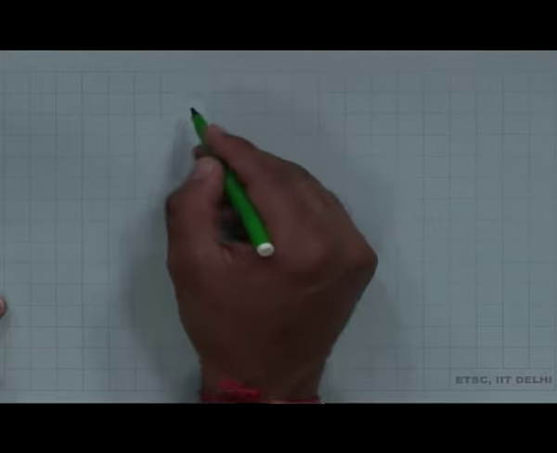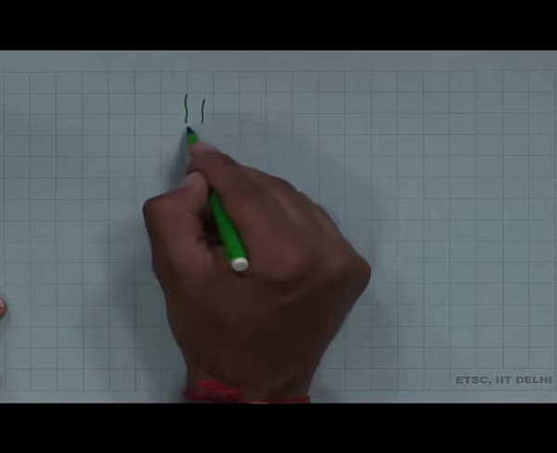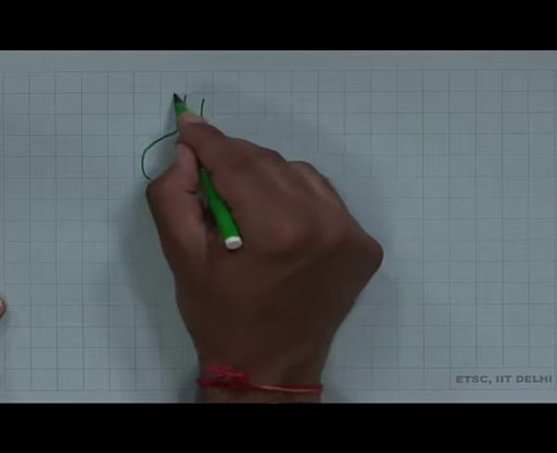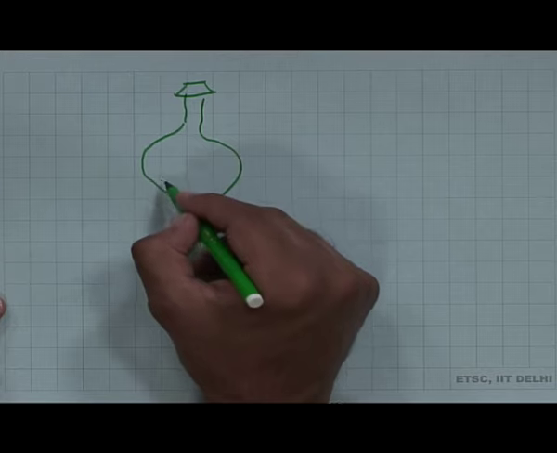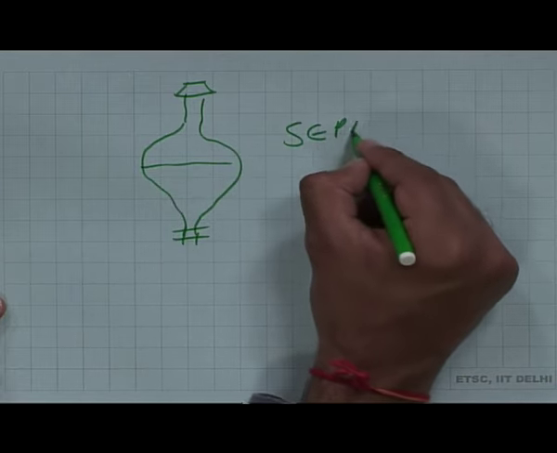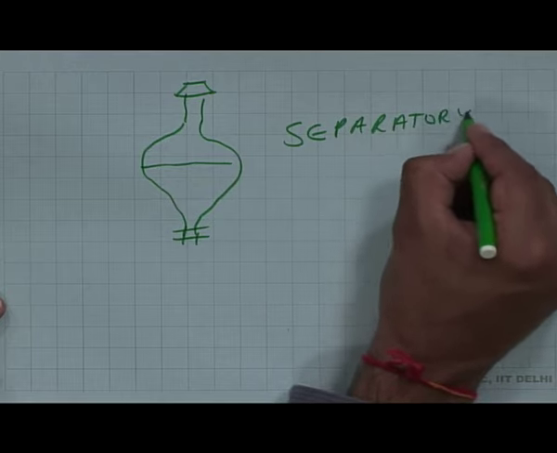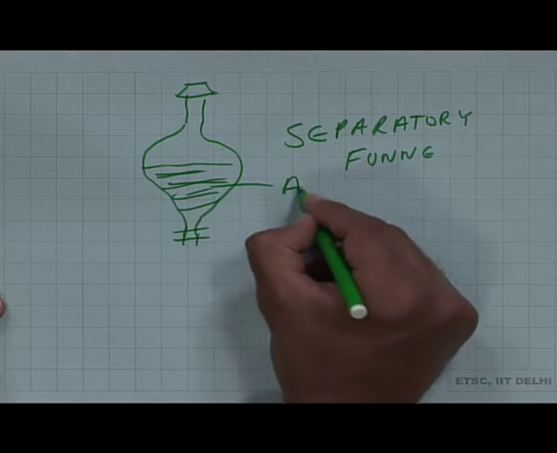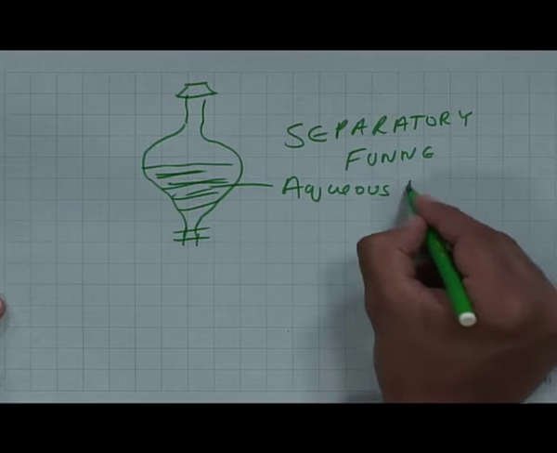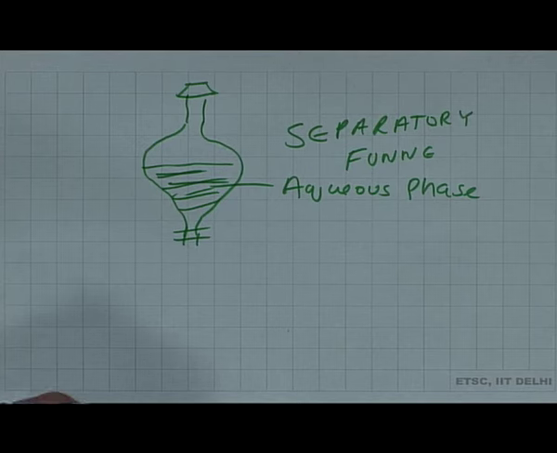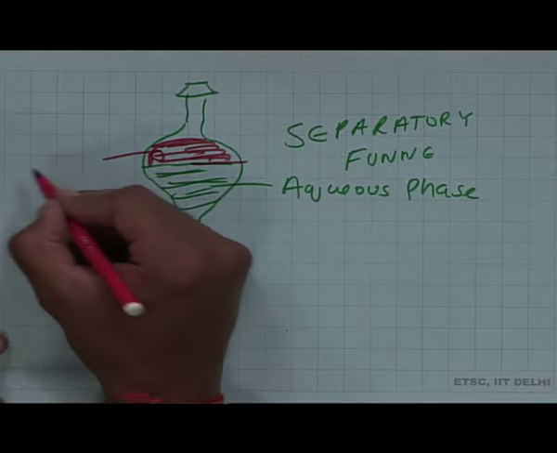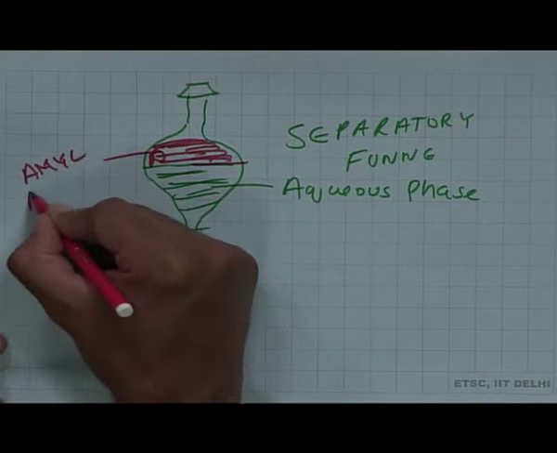So, now we can use amyl acetate to separate penicillin and glucose. What does a typical process look like? Typical process looks like this: you have a separatory funnel, this is your aqueous phase, and on the top here your amyl acetate.